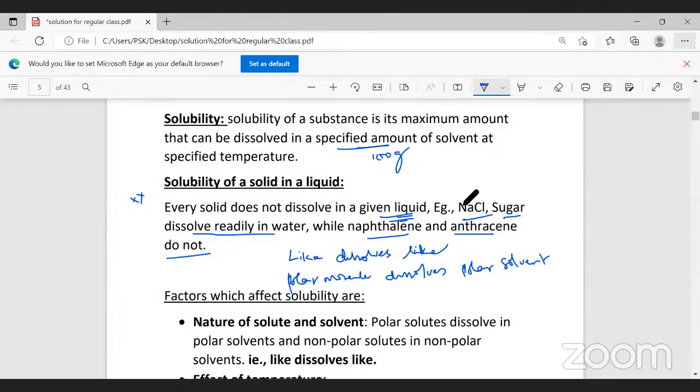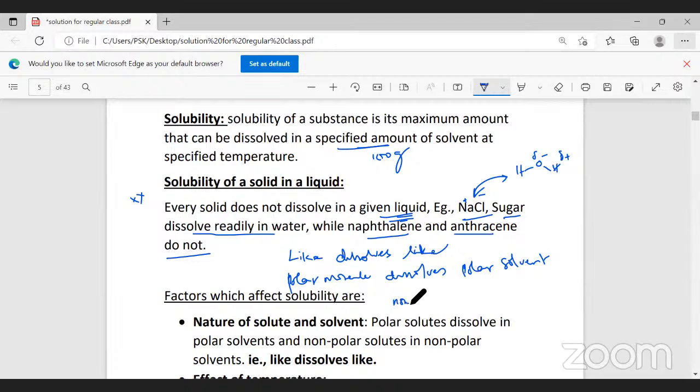Now, NaCl has a charge, Na plus, Cl minus. Water also has charges, delta plus and delta minus. So, like dissolves like, polar molecules will be soluble in polar solvent. Naphthalene and anthracene are organic compounds. They are non-polar molecules.